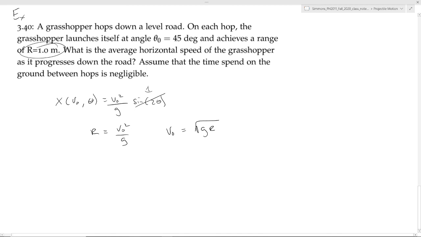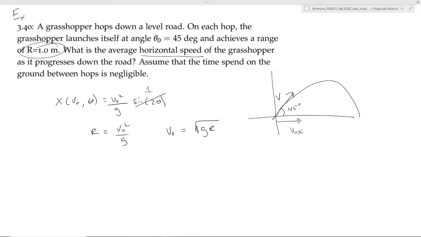Okay. But, oh, and this is why you always want to draw a picture first. That velocity is at an angle of 45 degrees. And what they ask us for is the horizontal speed. So we want to know v naught x. So we've sort of done our strategy a little bit backwards.